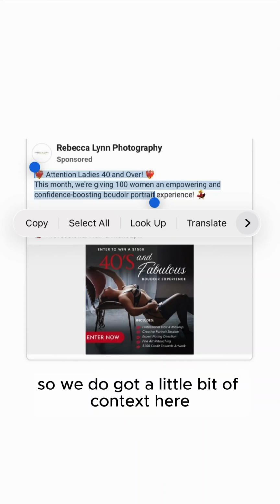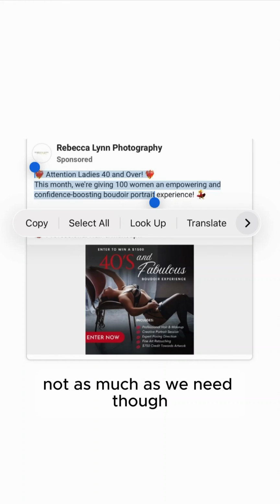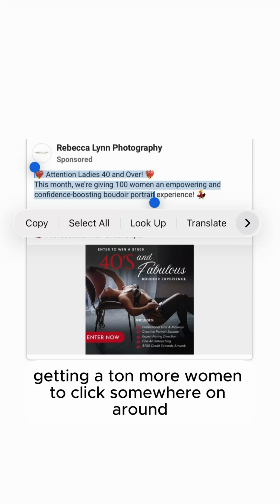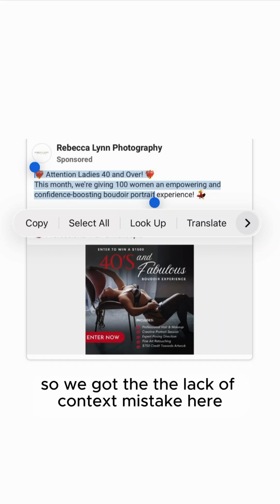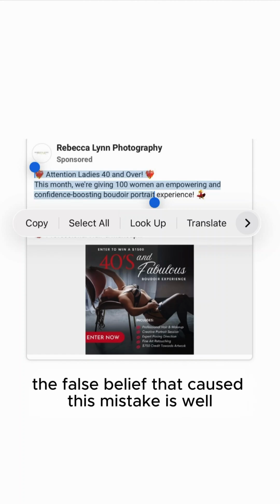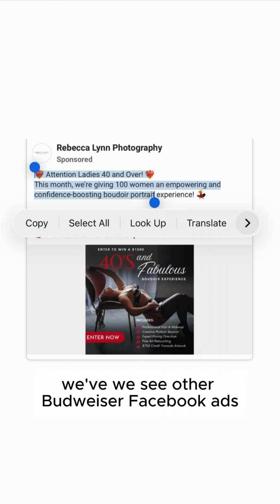So we do got a little bit of context here. Not as much as we need, though, to give ourselves the best shot of getting a ton more women to click somewhere on our ad and get our ad into their brain. So we got the lack of context mistake here. The false belief that caused this mistake is, well, we see other boudoir Facebook ads.